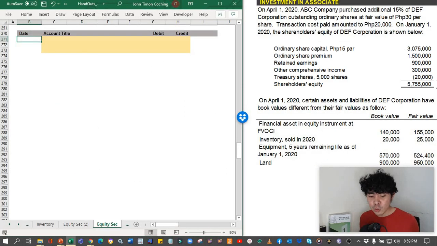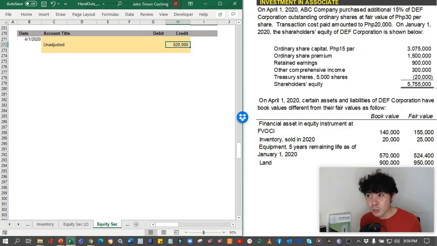So, ngayon, April 1, 2020, ang unahin natin is i-remeasure muna natin yung 10% which is yung previously owned shares natin kay DEF Corporation. So, syempre, on December 31, 2019, ang kanyang carrying value is 620,000 pesos.